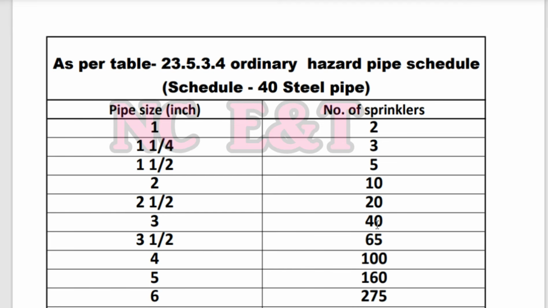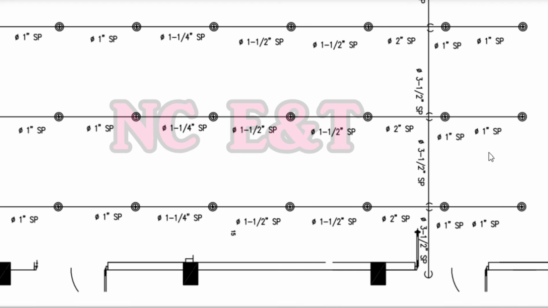We can see from this table that from 40 up to 65 we can use the pipe size 3.5 inch. For a total of 48 sprinklers we have selected the pipe size 3.5 inch. Then when we add another branch, the total number of sprinklers will be 56. It is less than 65, so we will use the same pipe size, 3.5 inch.